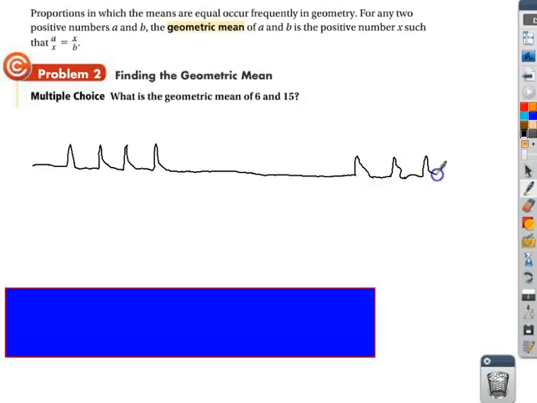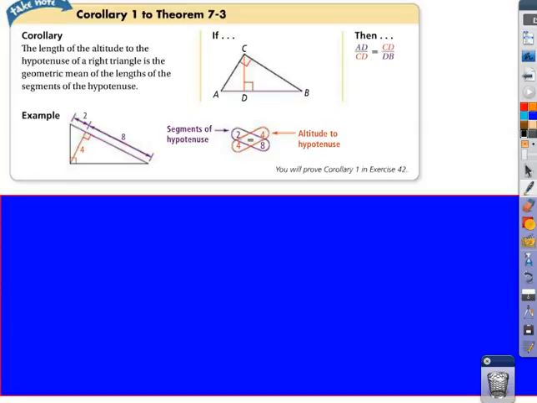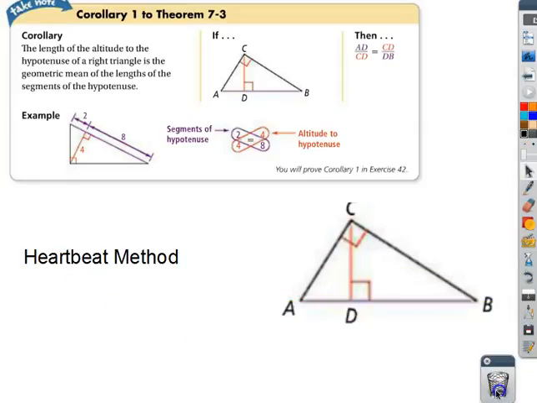That was close. Beep. We're only going to be concerned with this part of the graphic. Okay? So, this right here, I'm going to call a graphic of a heartbeat. And I'm going to use this heartbeat graphic to remember how to set up something using this corollary.